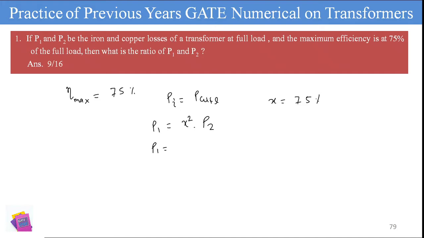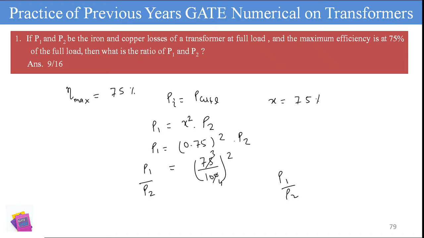So P1 equals 0.75 whole square into P2. You have to calculate the P1 by P2 ratio. So this is basically 75 by 100 whole square, 3 by 4 whole square. P1 by P2 equals 9 by 16. So this is the answer.